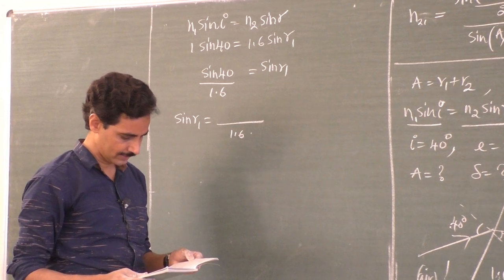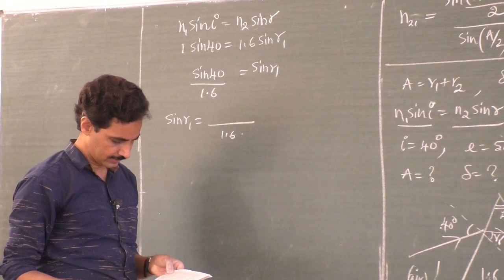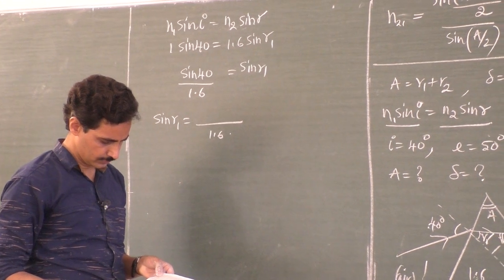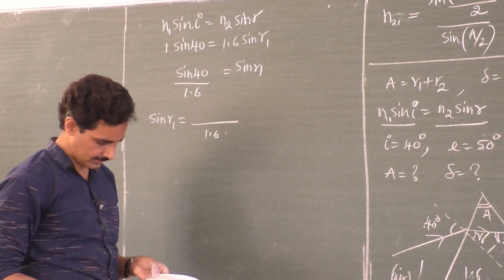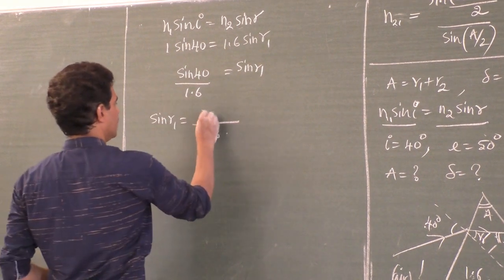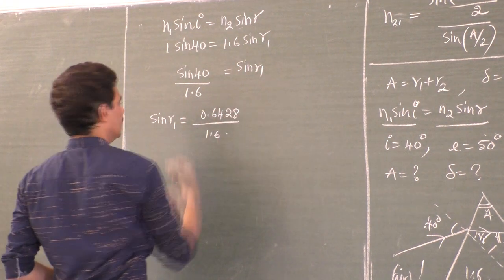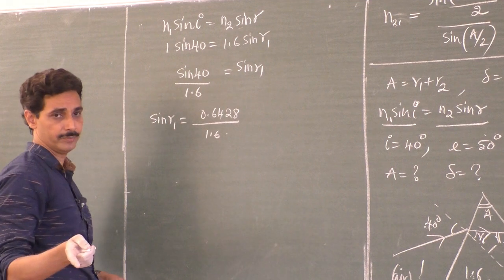Natural sines you have to get. In natural sines you have to get sine 40. And in my book it is written 0.6428. 0.6428 is the answer. You see, sine 30 is half, right? Half means 0.5.